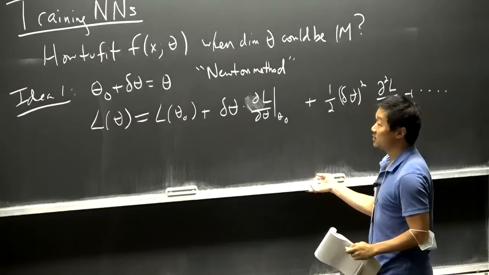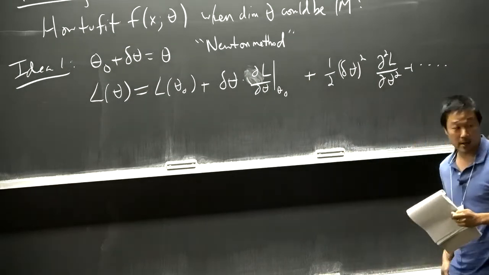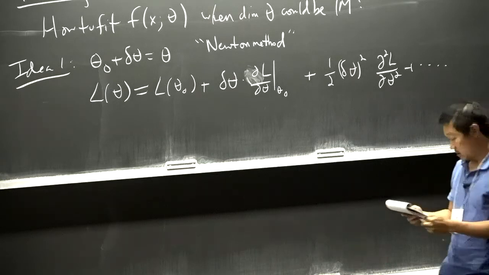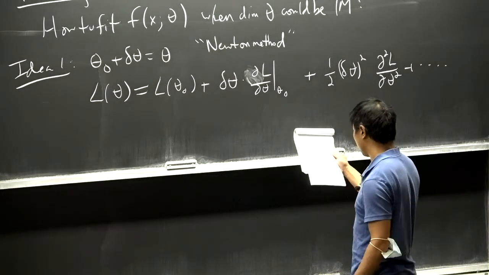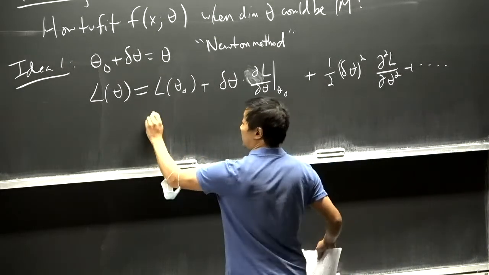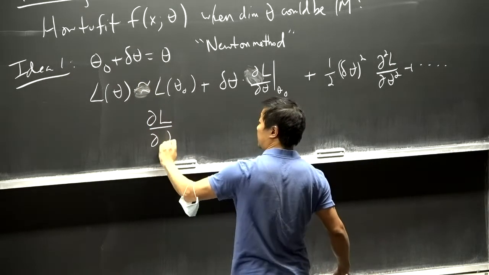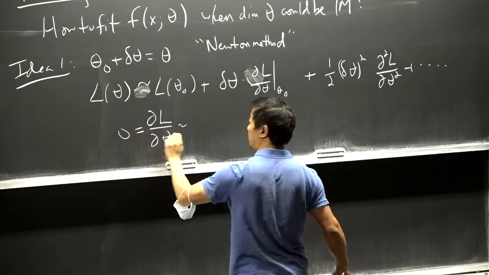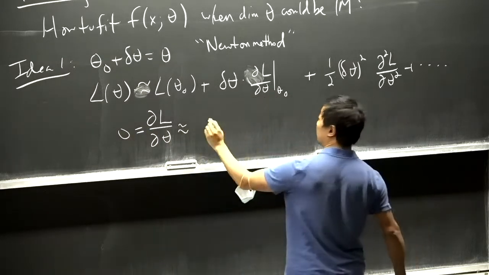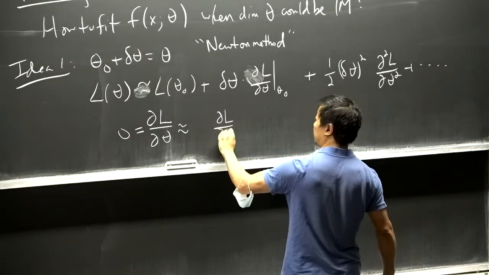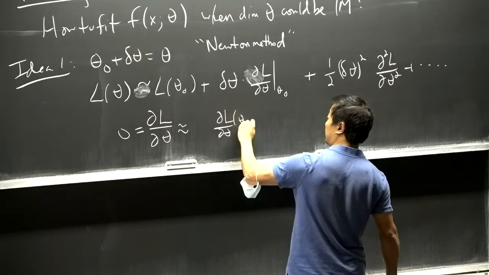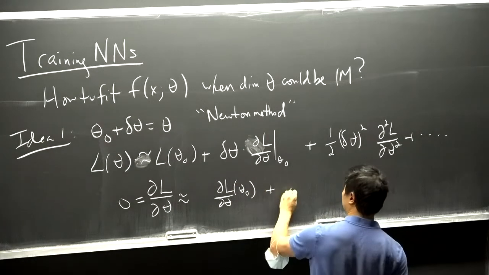So we approximate the function we want to minimize with its Taylor series, truncated to second order. And so this is approximately this. Set this to 0. This is approximately dL/dθ plus the second derivative times delta theta.